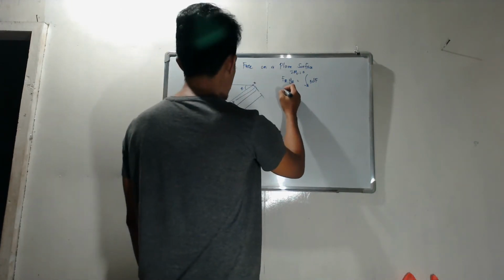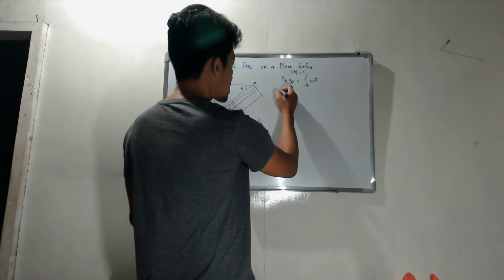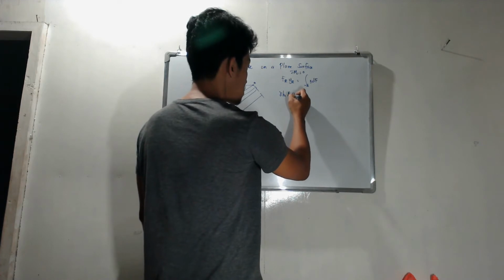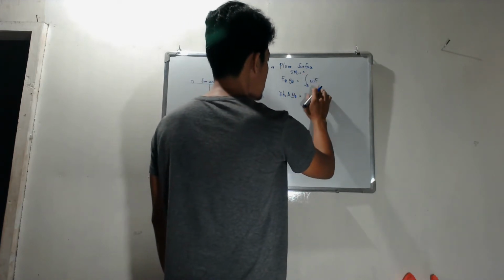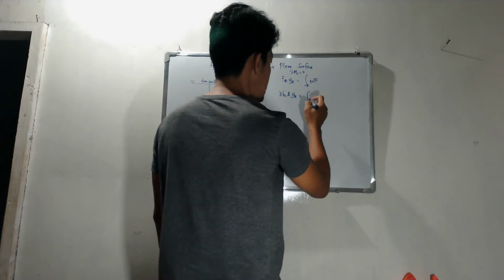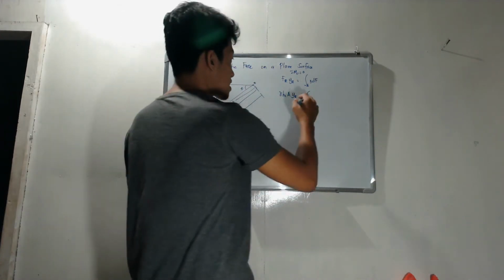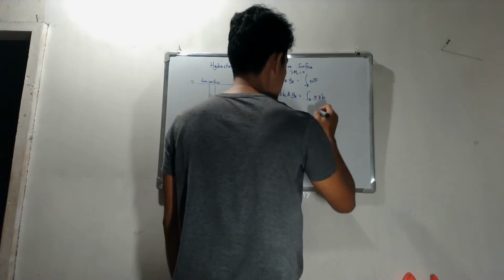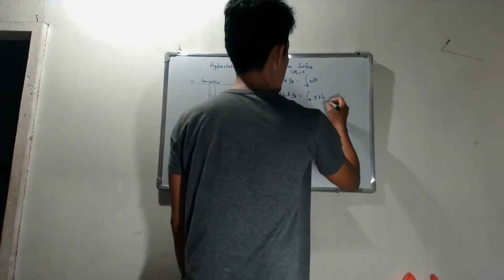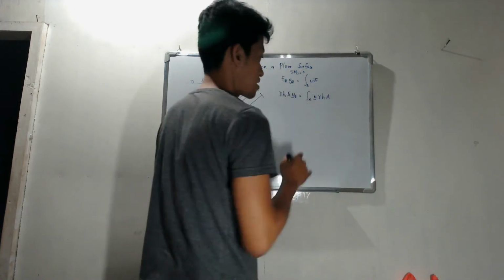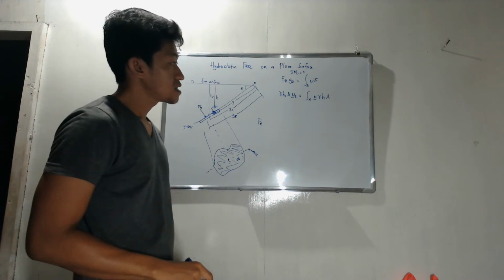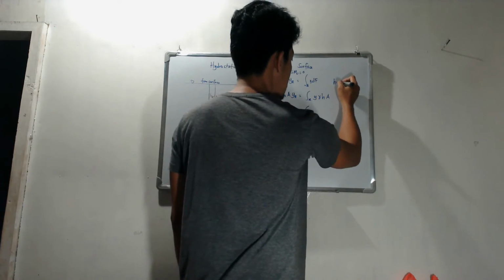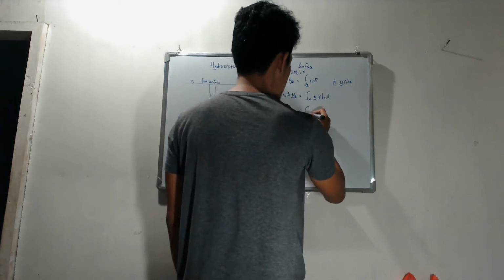Therefore, F sub r is gamma h sub c times A, and y sub r is equal to the integral over A of df, where force is pressure times area. Pressure is gamma h times area. And this h is just y sine theta.